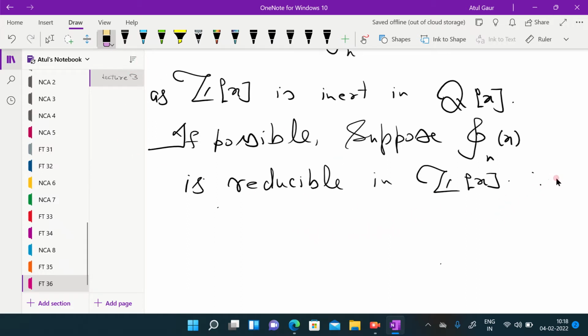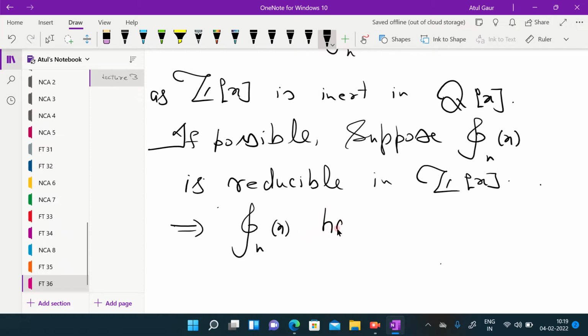So this would mean Φn(x) has, and because Φn(x) is a monic polynomial, that's what we have seen yesterday, I can assume that an irreducible factor is monic.